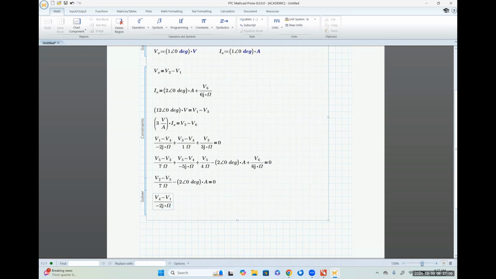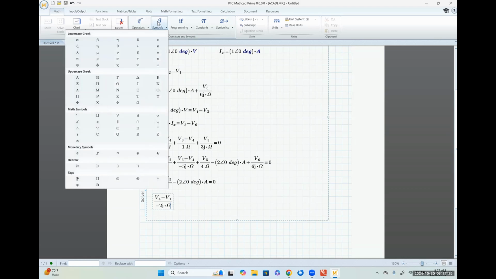Since lowercase w looks like lowercase omega, capital W converts into capital omega because that's the logic MathCAD uses for whatever asinine reason. If you were too lazy to learn these things, which I have to use all the time, which is why they're seared into my memory, if you bring up the symbols menu, you could literally just go through and find the uppercase omega here, and it tells you capital W and then control G.